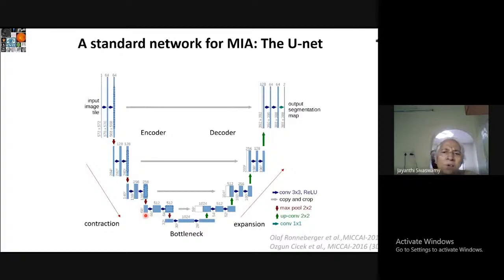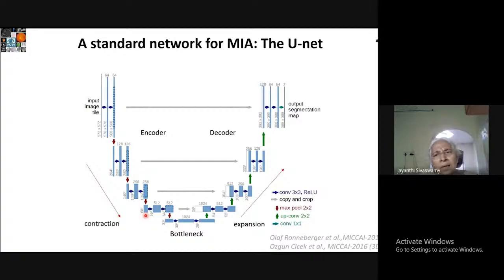Now, there is also a counterpart to the encoder, which is the decoder. And here we basically start with this and we keep upsampling and going back to the original size. And then you have a final layer, which is basically, since I'm solving a segmentation task, I can do a binary classification.